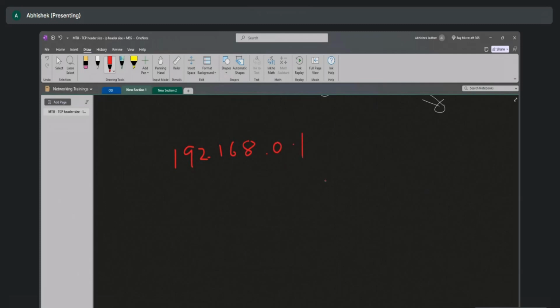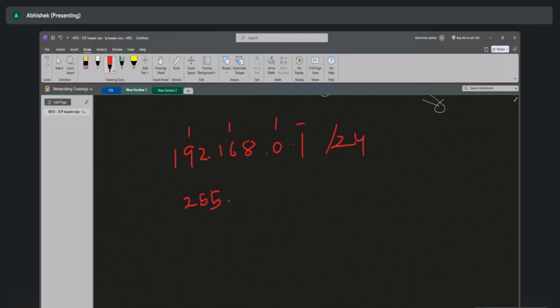So if I ask you for 192.168.0.1, and this is a /24 IP, can you tell me the subnet mask? No, no, I told you this is a 24. That means it already has 8 bits of network, 8 bits of network, and 8 bits of network. Only one host octet is remaining.